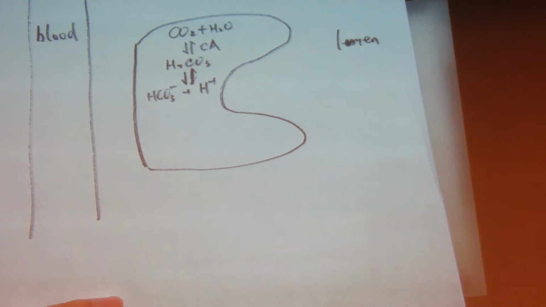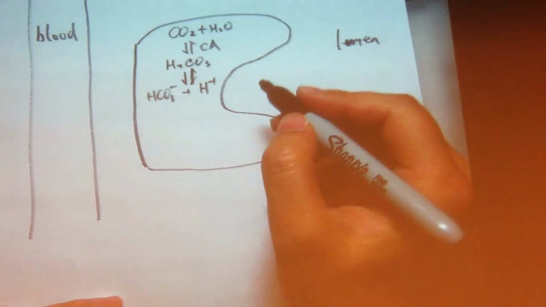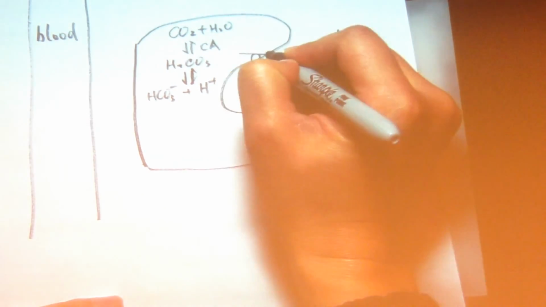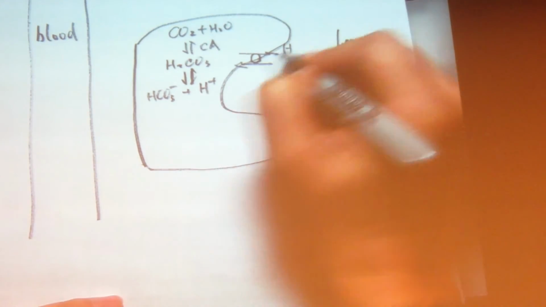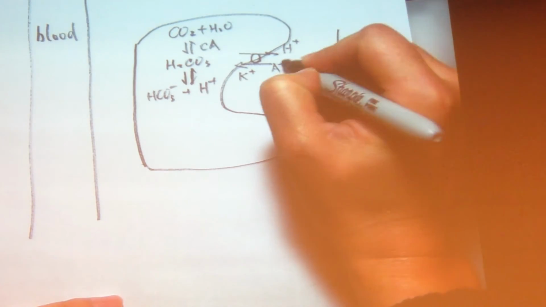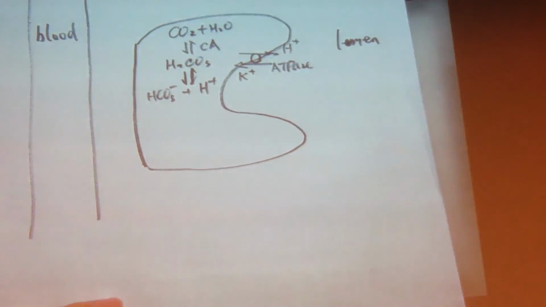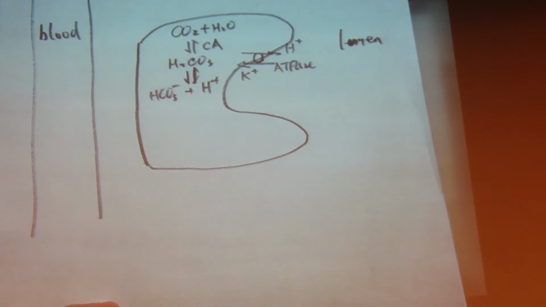The most important part here is the hydrogen ion, how it gets pumped out of your cells. It is using an active transporter. We call it hydrogen potassium ATPase. This is the active transporter, so it's very effectively pumping the hydrogen out.